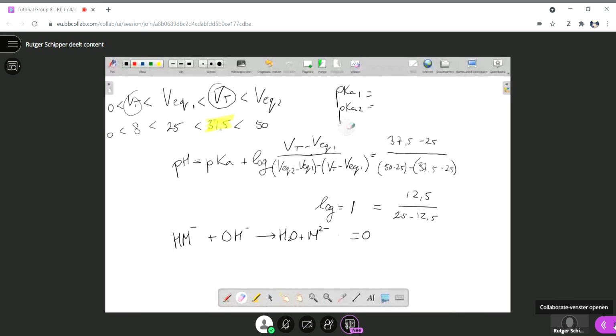So the pKa2 is basically the minus log value of the Ka2, right? So it's 5.70. So what's the pH then?